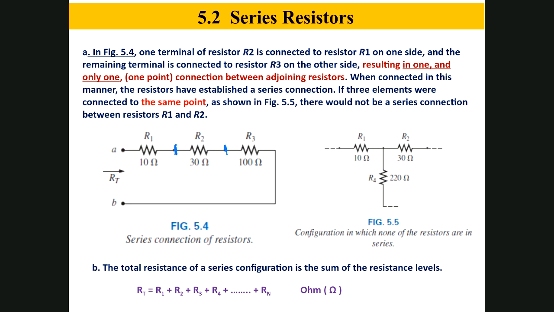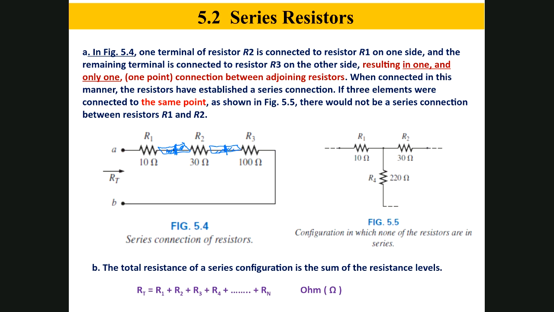This side here, we call it a point. So R1 with R2 are connected by how many points? Only one point. R2 with R3 are connected by how many? Only by one point. So once any two resistors are joined to each other by one point, we call those resistors in series.